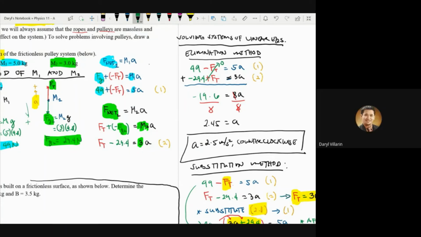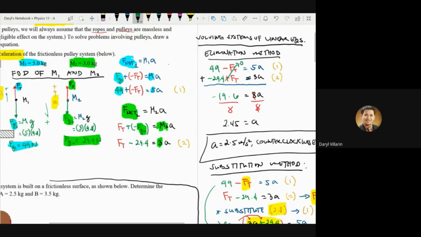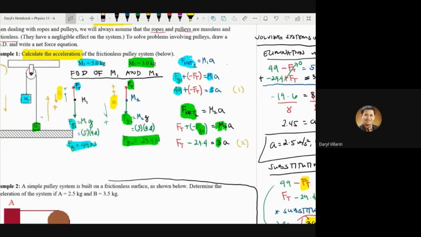Okay, yeah. Since I'll just be dealing with two masses here, there's another way of solving this, but I found this approach helpful because when you say net force, you're looking at a single object.